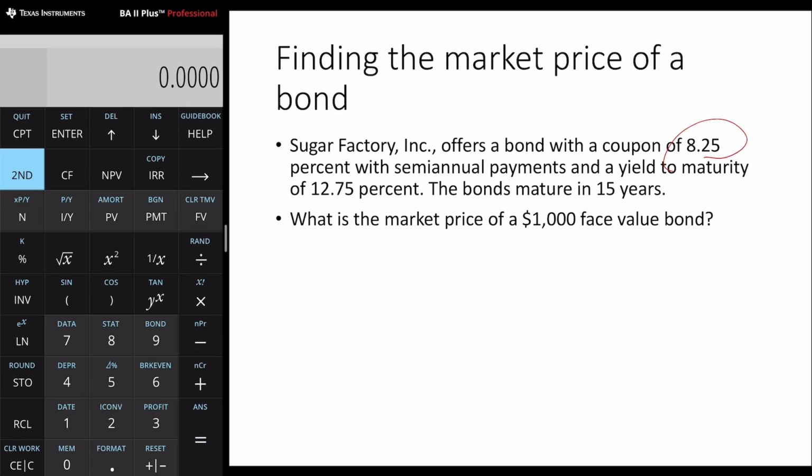One thing to keep in mind is that the face value is almost always $1,000. In some examples, you'll see a different face value, maybe $2,000 or $5,000, but that's going to be relatively rare. Usually the face value is going to be $1,000.